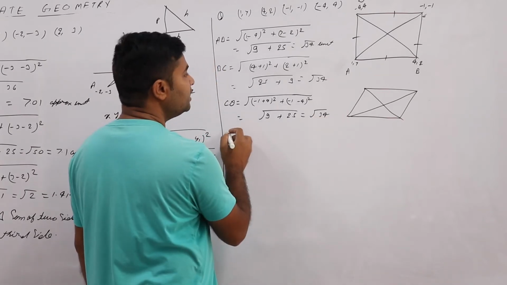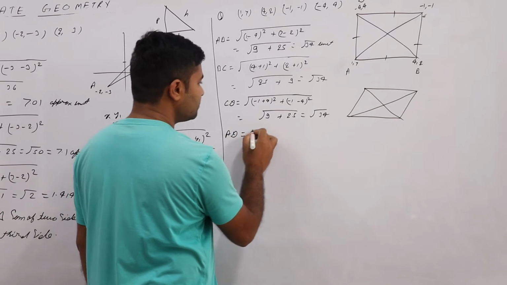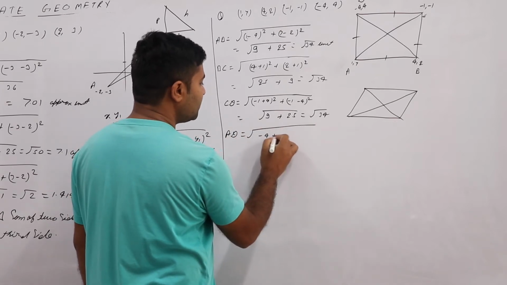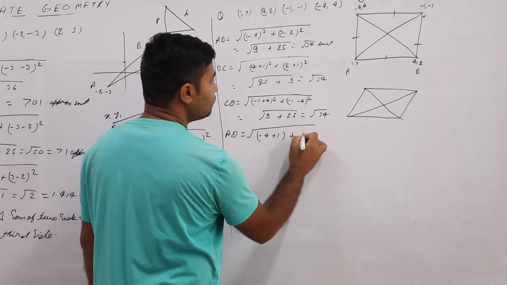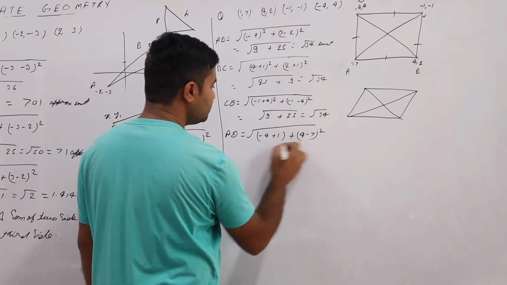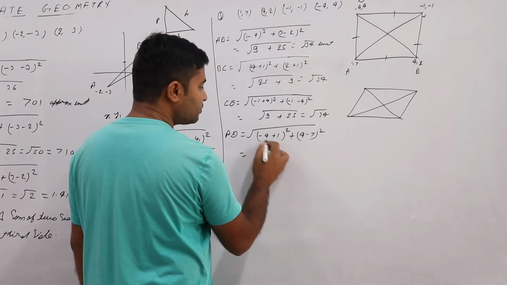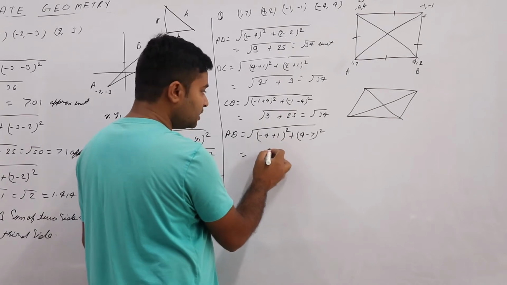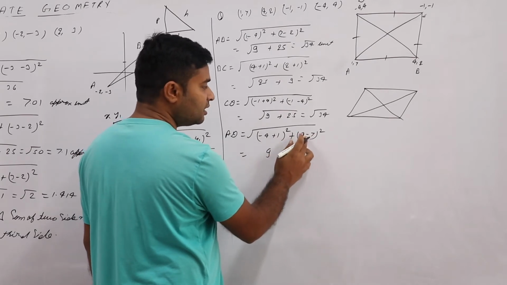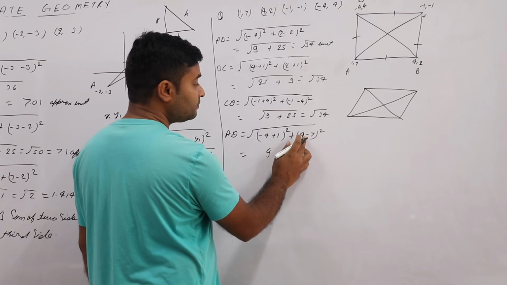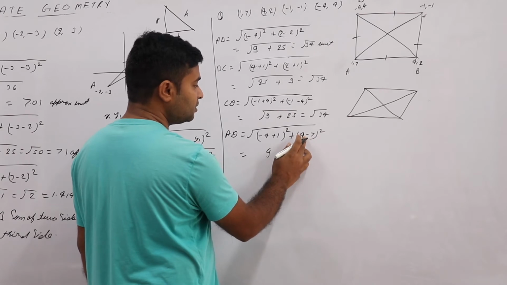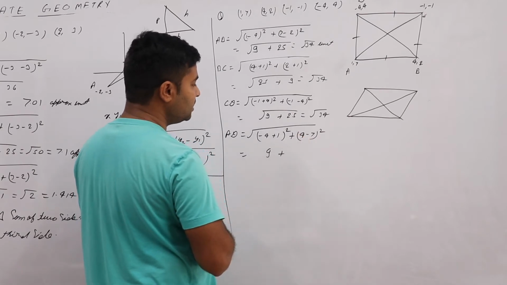Then which one is remaining? AD. Speak, what to write? (-4 plus 1) square plus (4 minus 7) square. Yes na? Means this is minus 3, 3 square is 9. Something is wrong.